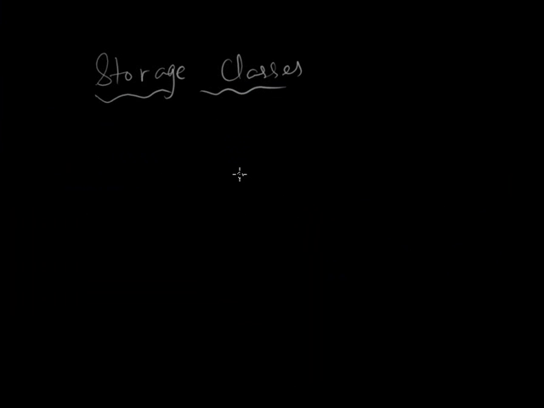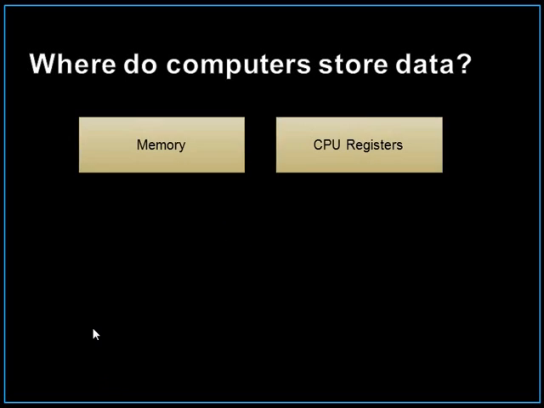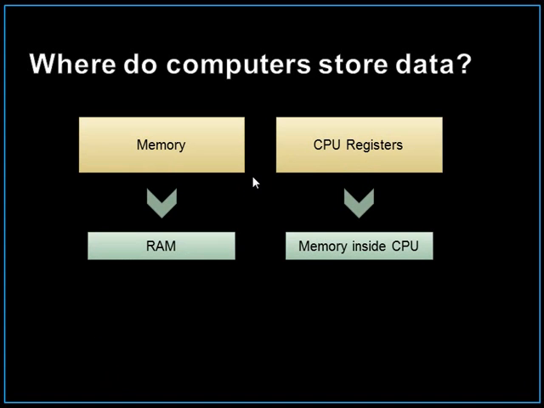Now a final concept remains, which is of storage classes, which is a very easy concept. But before you know what storage classes are, you must know this. Where do computers store data? There are two types of places where computers can store data. One is memory, another is CPU registers. Memory is nothing but RAM, and CPU registers are nothing but a type of memory which is inside the CPU.